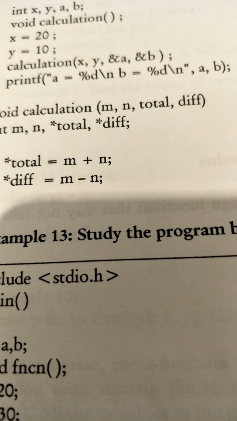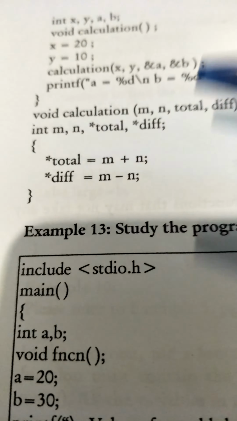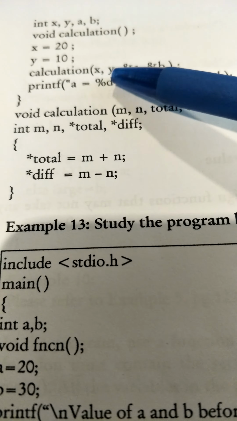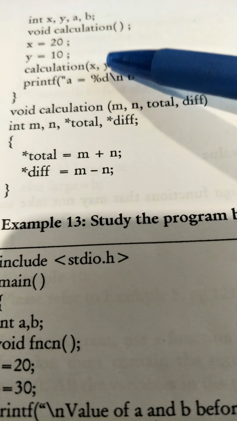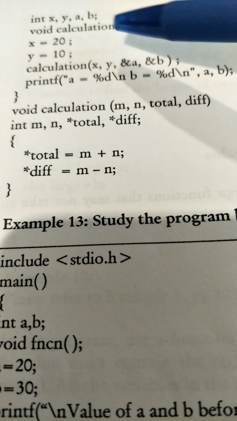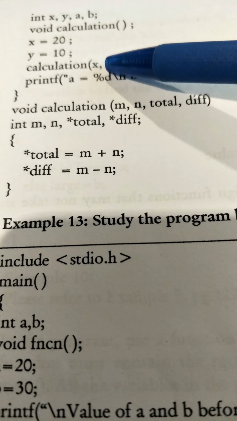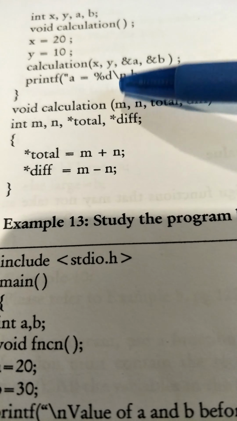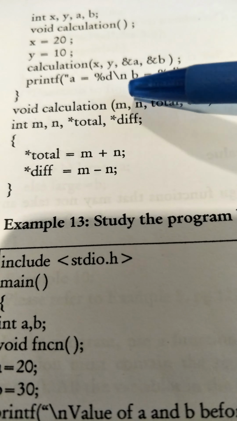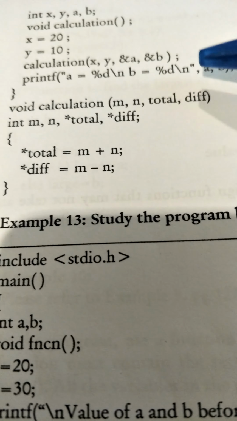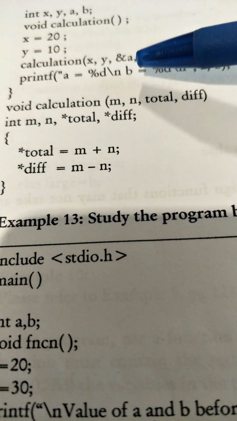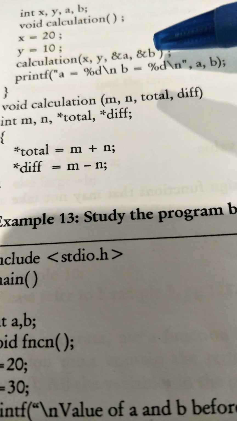Okay. Now in the function, remember that we call that function. This x, y we obtained from the main program. So x, y is passed into the function with the formal arguments m, n. And remember that we have total, which refers to ampersand a, and diff, which refers to ampersand b.